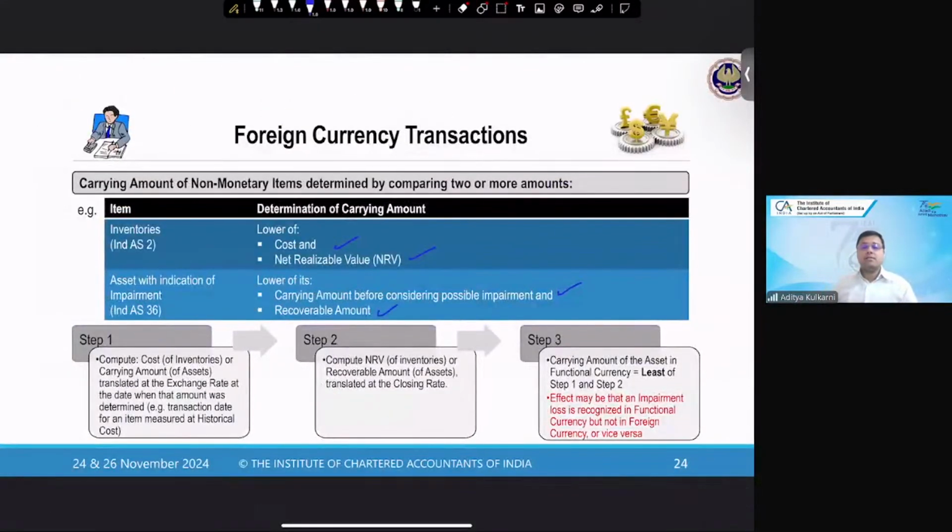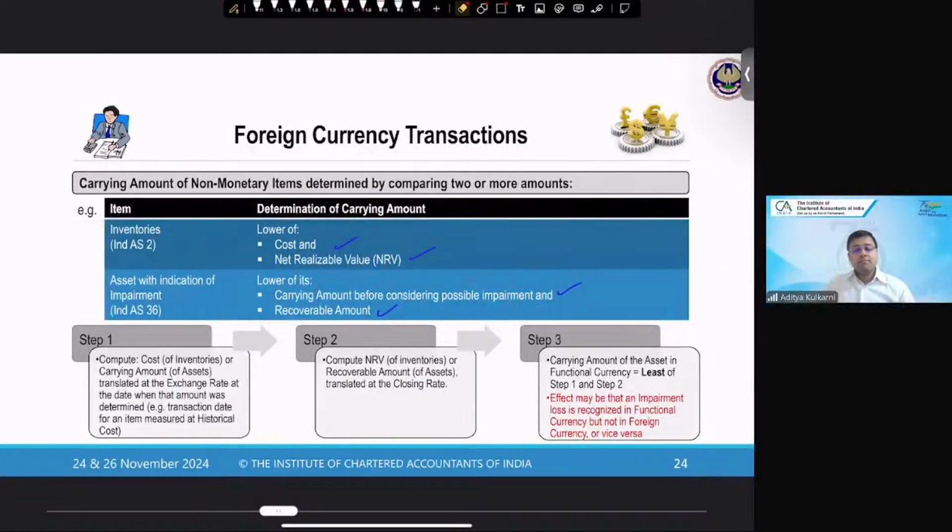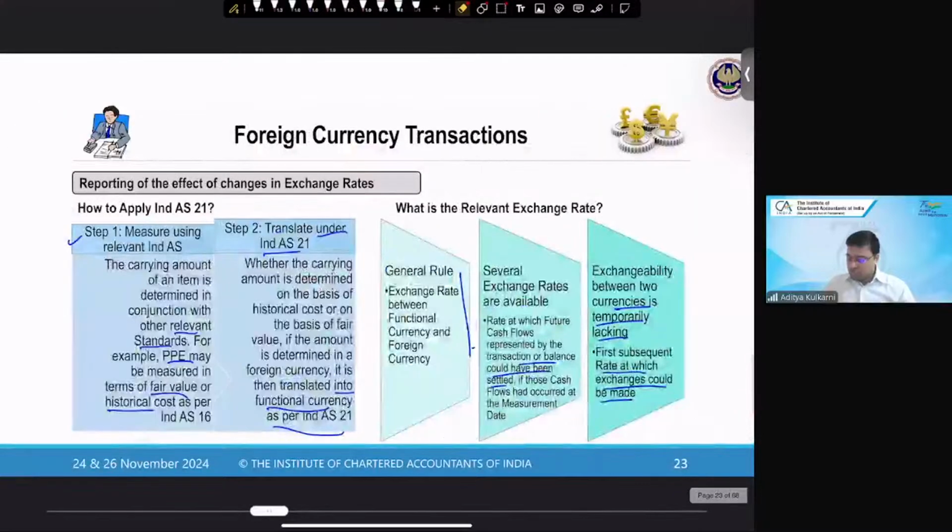Sir, what is the exchange rate? Is the relevant exchange rate the same as the fair value rate? Which one are you telling? Sir, go back to the last slide, number 23. Sir, what is the relevant exchange rate?